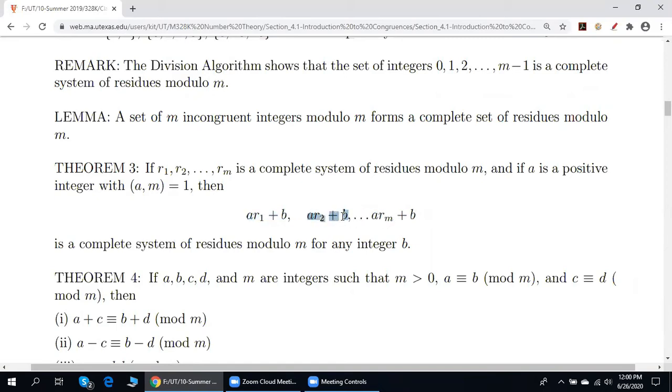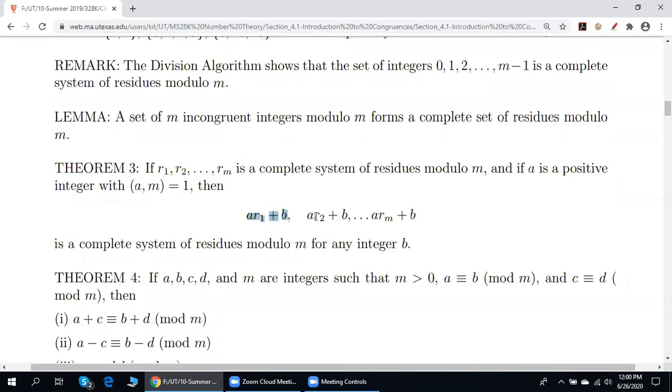So pick any two numbers here, cancel out B, and then we can cancel out A safely because A and m are relatively prime, and then we'll get the following. If, say, this is congruent to this, then R1 is congruent to R2, which gives us a contradiction. So any two numbers here are incongruent modulo m.